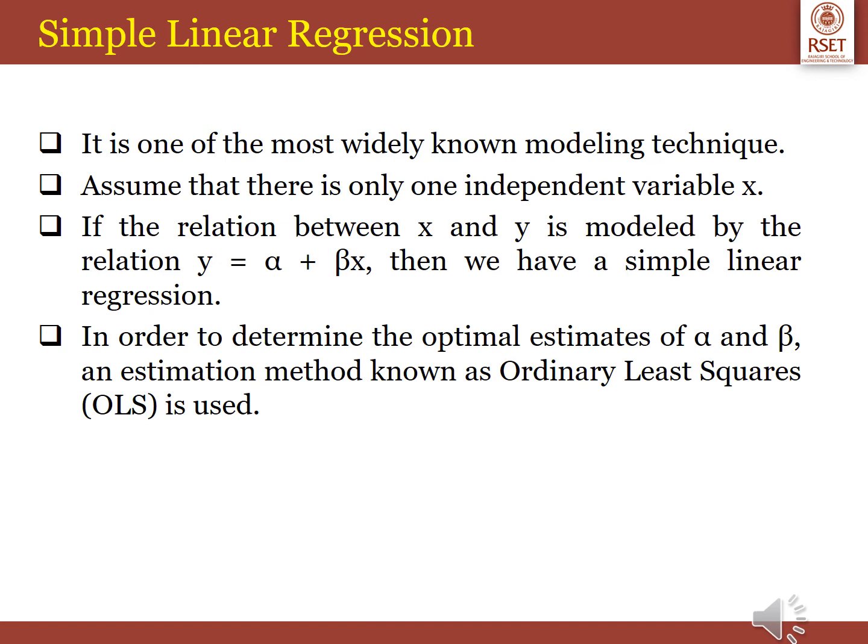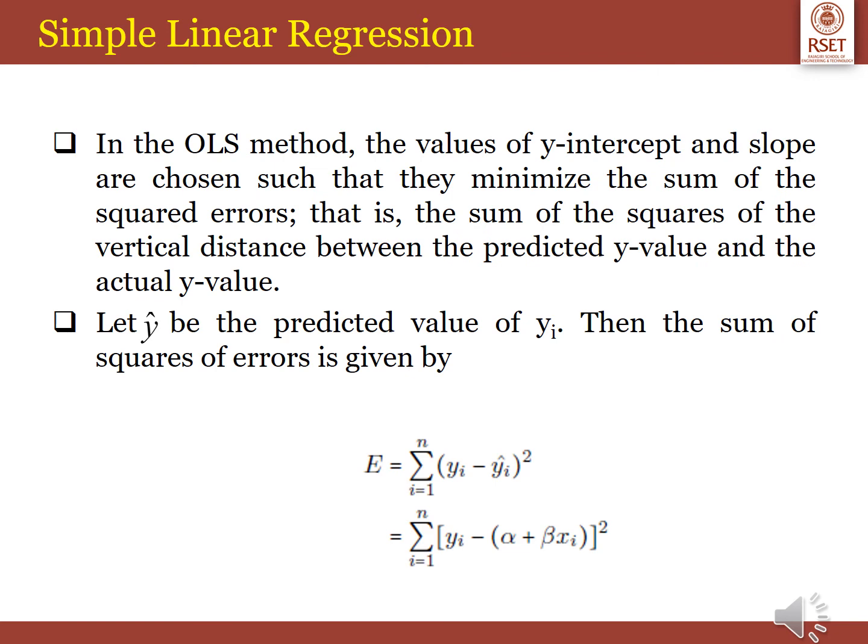In order to determine the optimal estimates of alpha and beta, the ordinary least squares method can be used. In this method, the values of y-intercept and slope are chosen such that they minimize the sum of the squared errors. That is, the sum of the squares of the vertical distance between the predicted y value and the actual y value should be minimum.